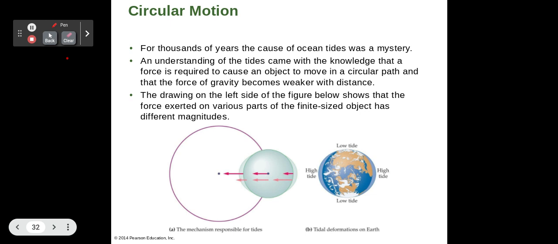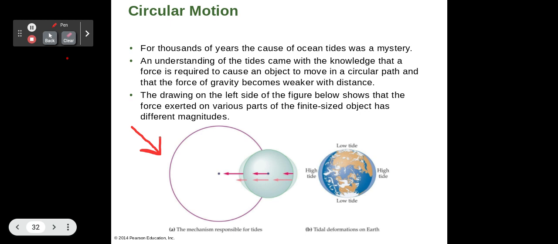Force is required to cause an object to move in a circular path. So you have to have a force applied in order to get that object to go in that circular path. And that force of gravity becomes weaker with distance. So the further away, the weaker and weaker the force of gravity becomes. So this drawing right here shows that the force exerted on various objects has different magnitudes.